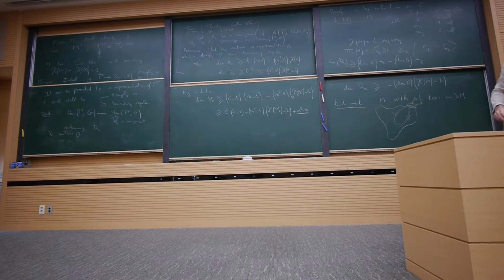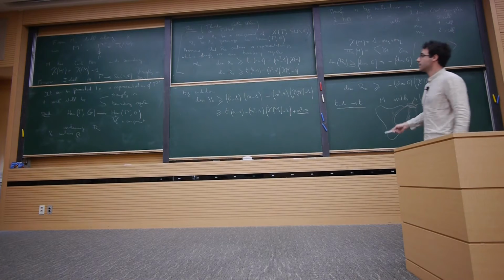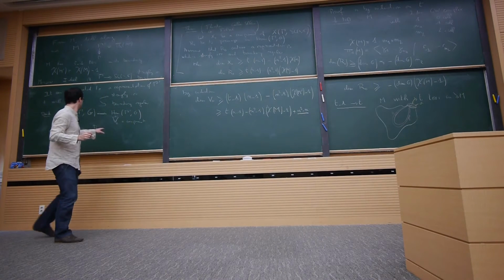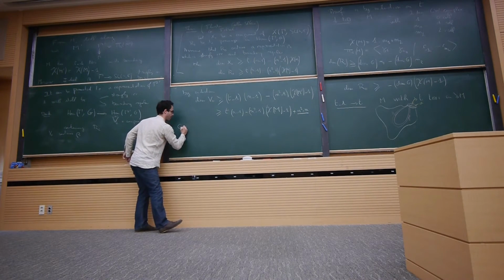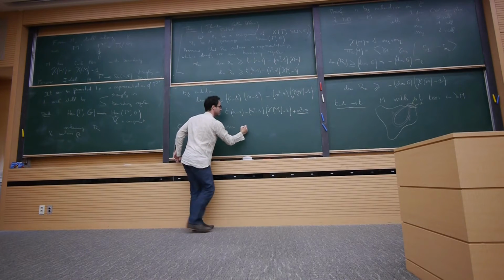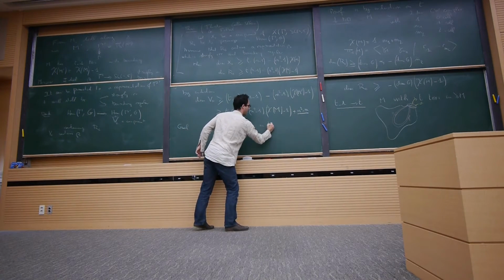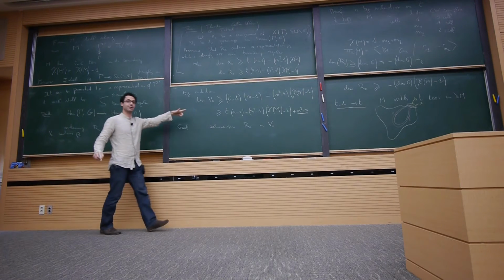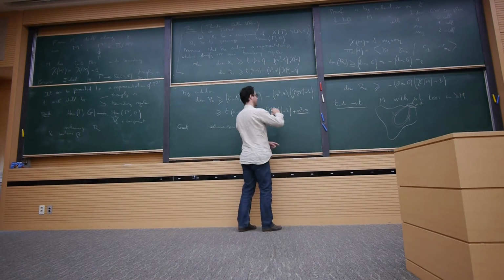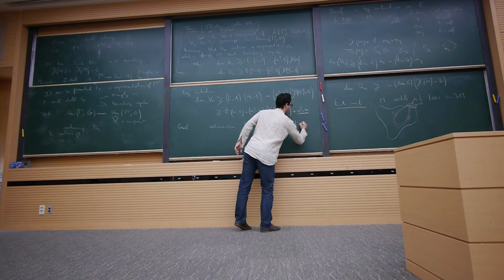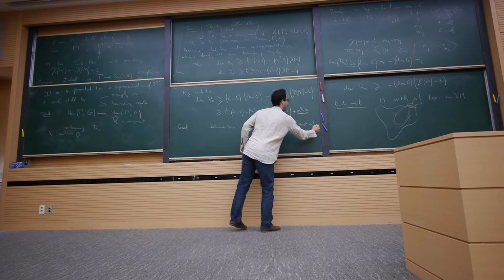Okay. And so what I would like to prove, my goal, is that the codimension of my former component R naught inside this component V naught is at most this term.